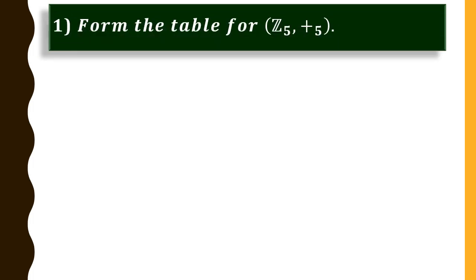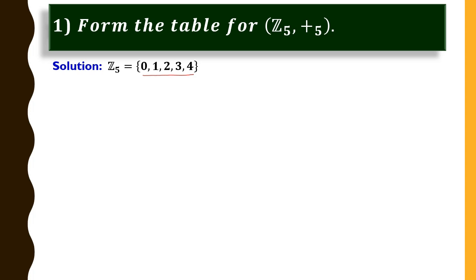Now we shall consider few examples on writing the table for the given set under the operation addition or multiplication modulo n. So the first one is form the table for the set Z5 under addition modulo 5. So what is the given set? That is Z5. Z5 means we know that it has the elements 0, 1, 2, 3, 4.